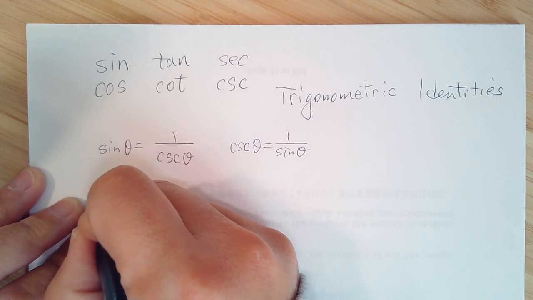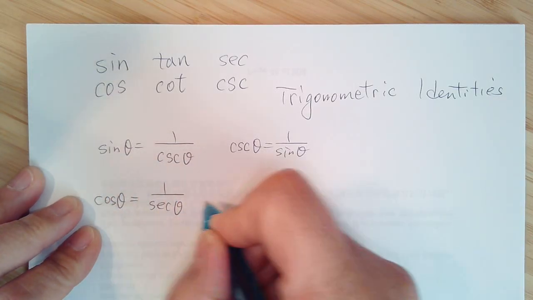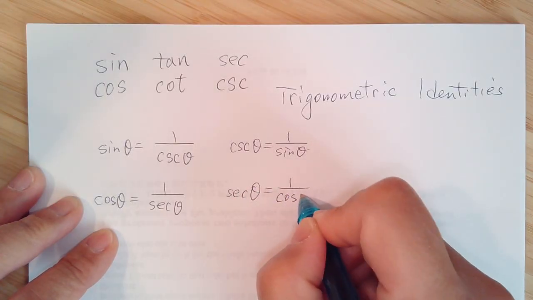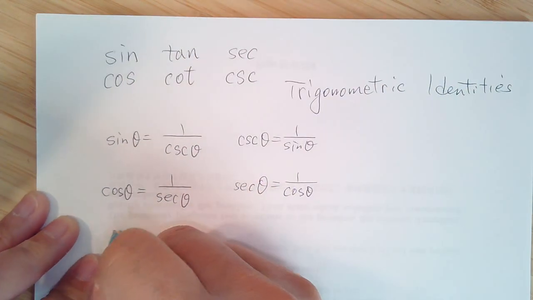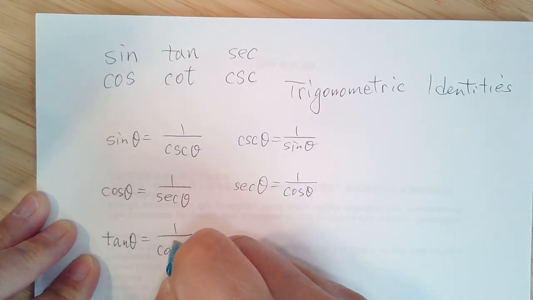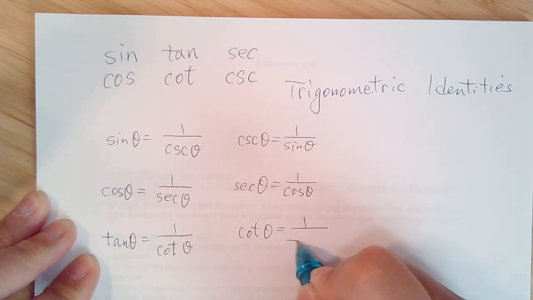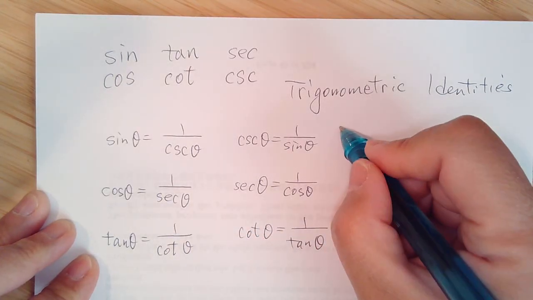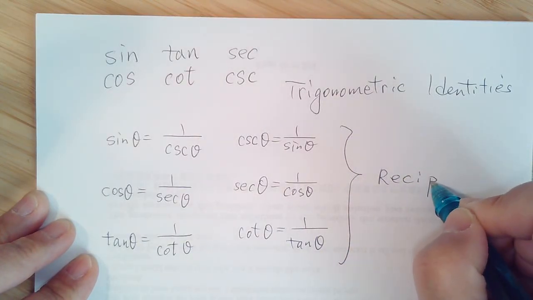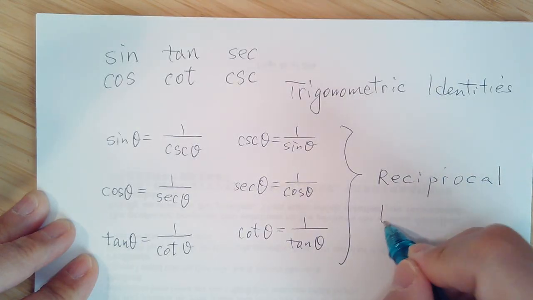And we also know cosine theta and secant theta are the reciprocal of each other. It's 1 over cosine theta. And at the same time, we know tangent theta is 1 over cotangent theta, or cotangent theta is 1 over tangent theta. Okay, so all of those are called reciprocal identities.